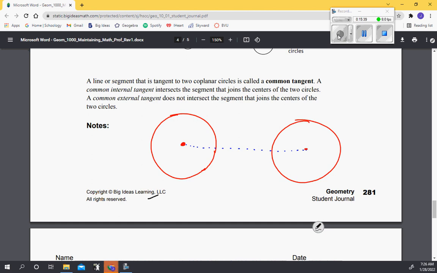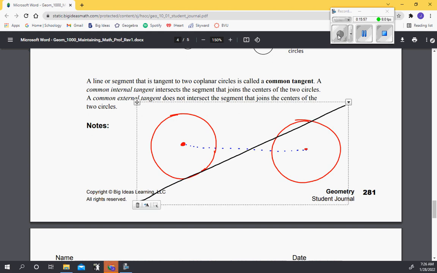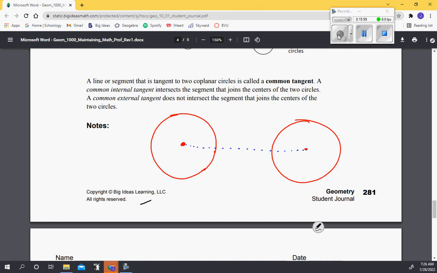We'll say it goes like this. That touches that line. I'll redo it since that's a bad drawing. Okay, one more attempt, and then I'm done. There, that's better.